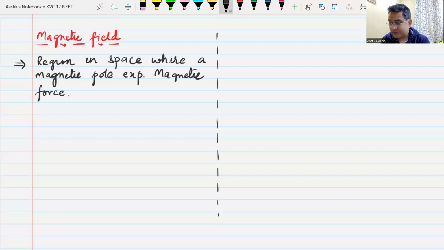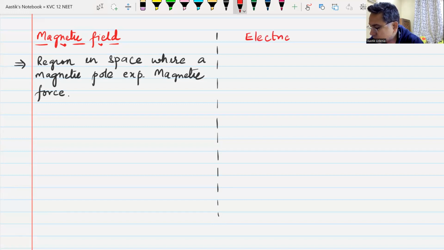This is somewhat similar to something that we have already read in the previous chapter. What is it similar to? Electric field. What is electric field?